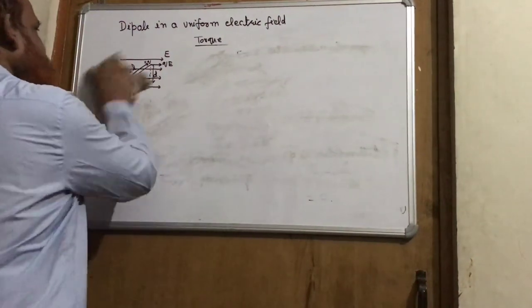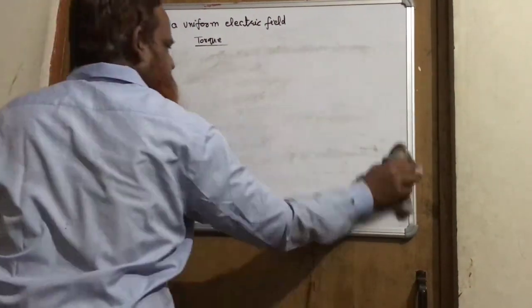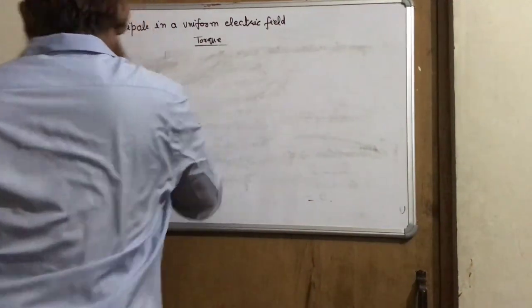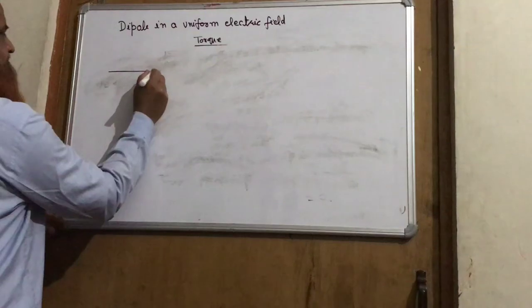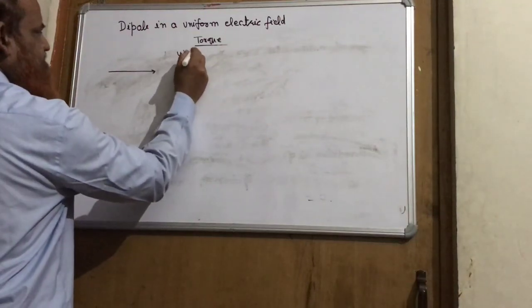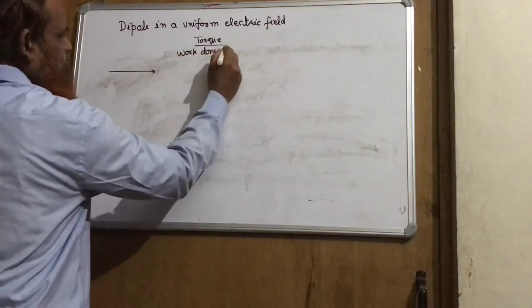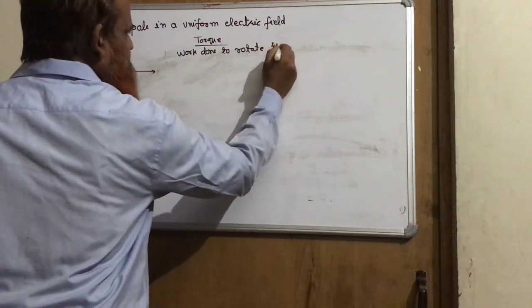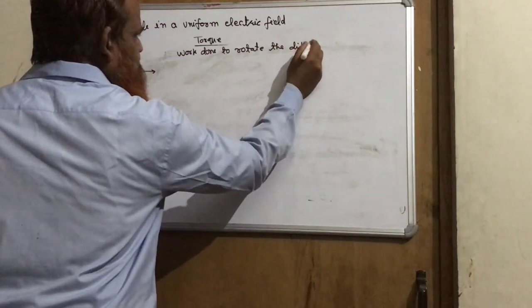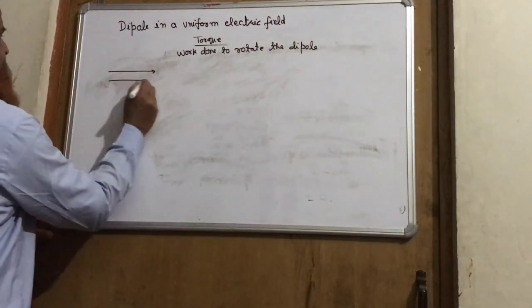Now we can also find the work done to rotate the dipole in a uniform electric field. Let it be a uniform electric field.